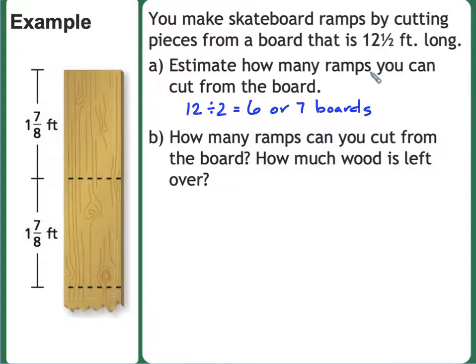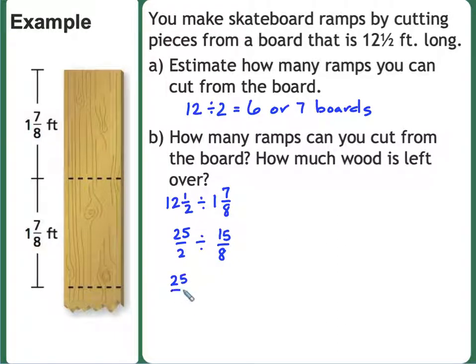So let's check this out. We have 12 and a half, and that's being divided into 1 7/8 pieces. So convert to improper fractions, so that's 25 halves, divided by 15/8.